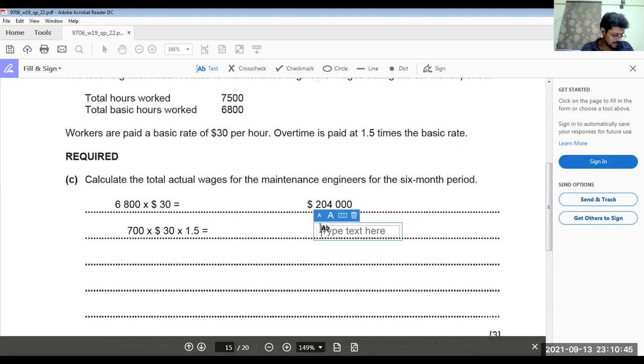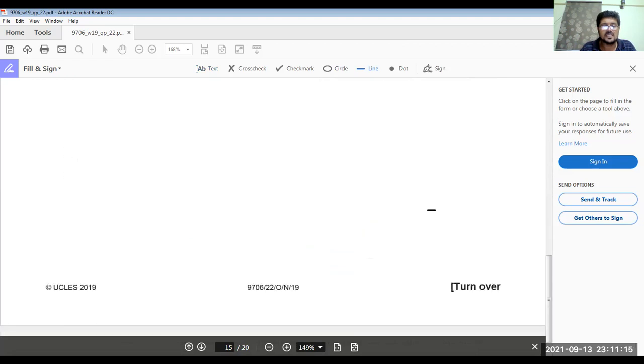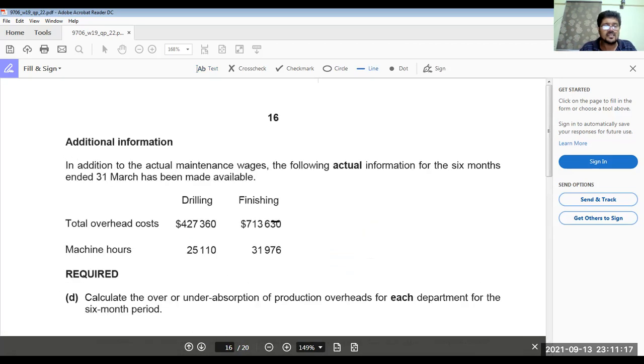So 700 multiply by 30 multiply 1.5. The answer is 31,500. So total maintenance department worker wages would be 235,500. This is the answer. Okay, done.